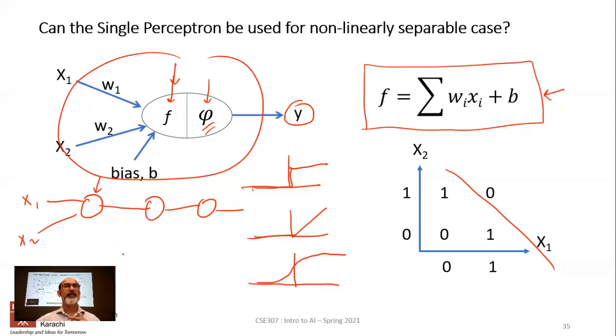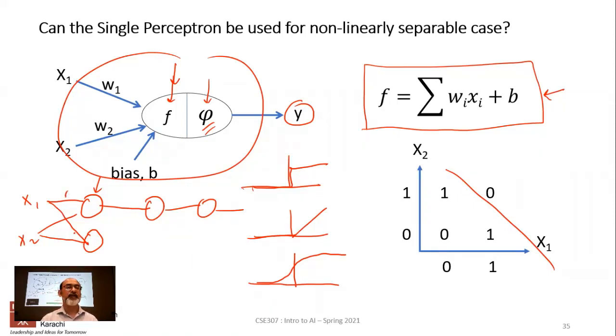This is serial. What about parallel? Can you form a parallel network? What I could do is add another perceptron over here. And then what would be the inputs? Same X1 and X2, right? Exactly. We could add the same inputs to both of these perceptrons, but each one of them would have its own weights.